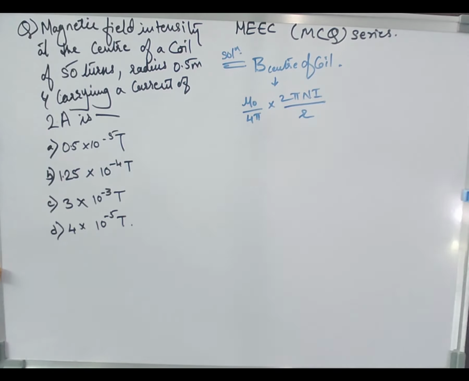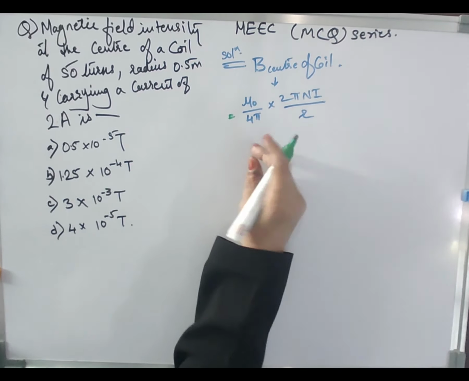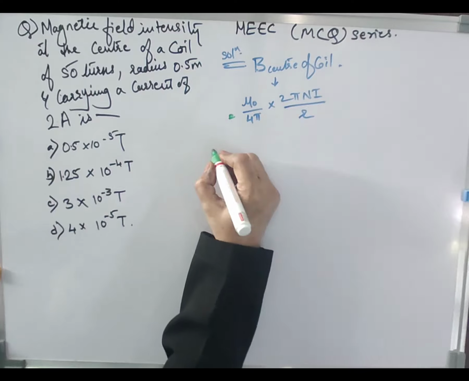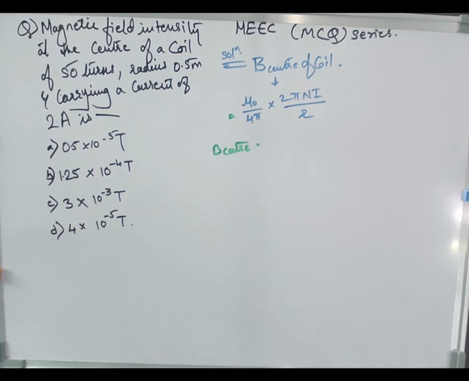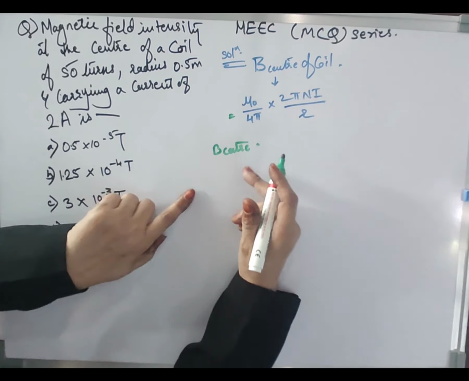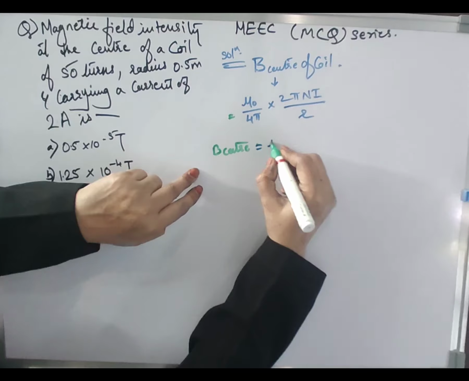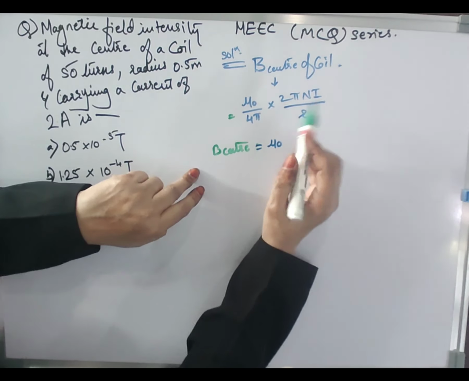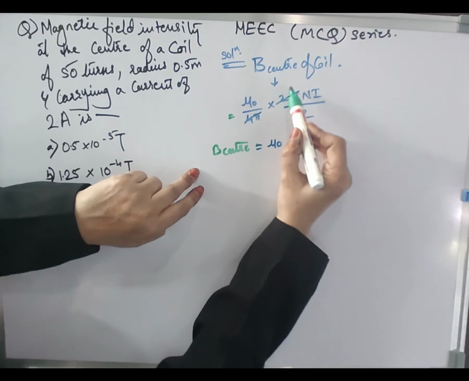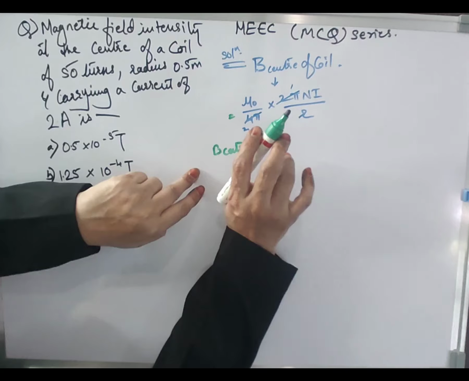Okay, and just by putting in the values, B center is equal to mu naught, because 2 ones are 2 and 2 twos are 4. These 2 get cancelled.